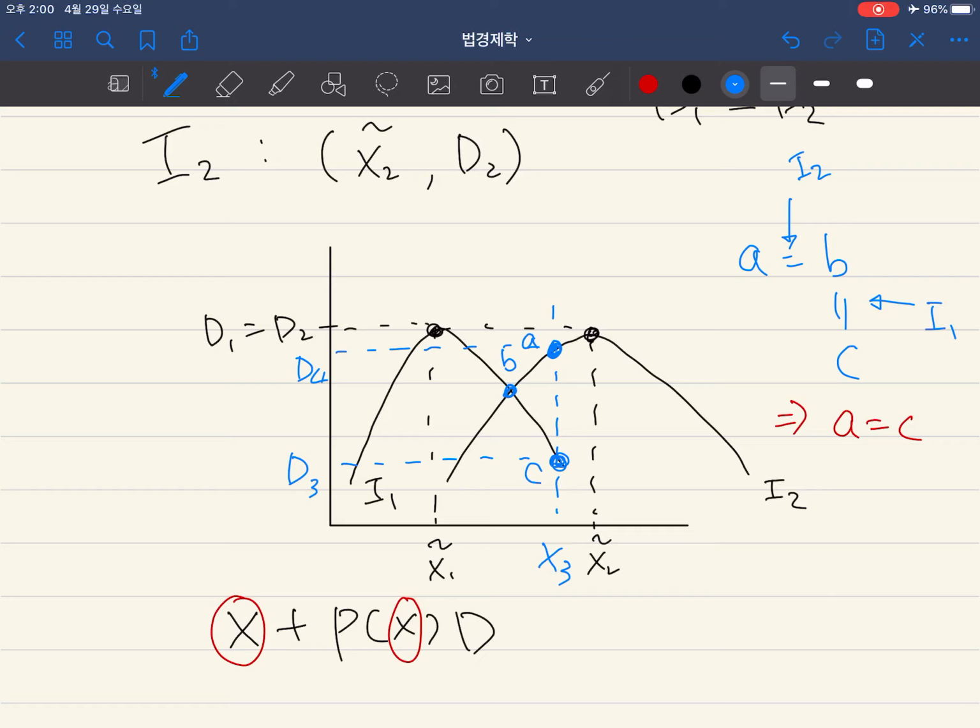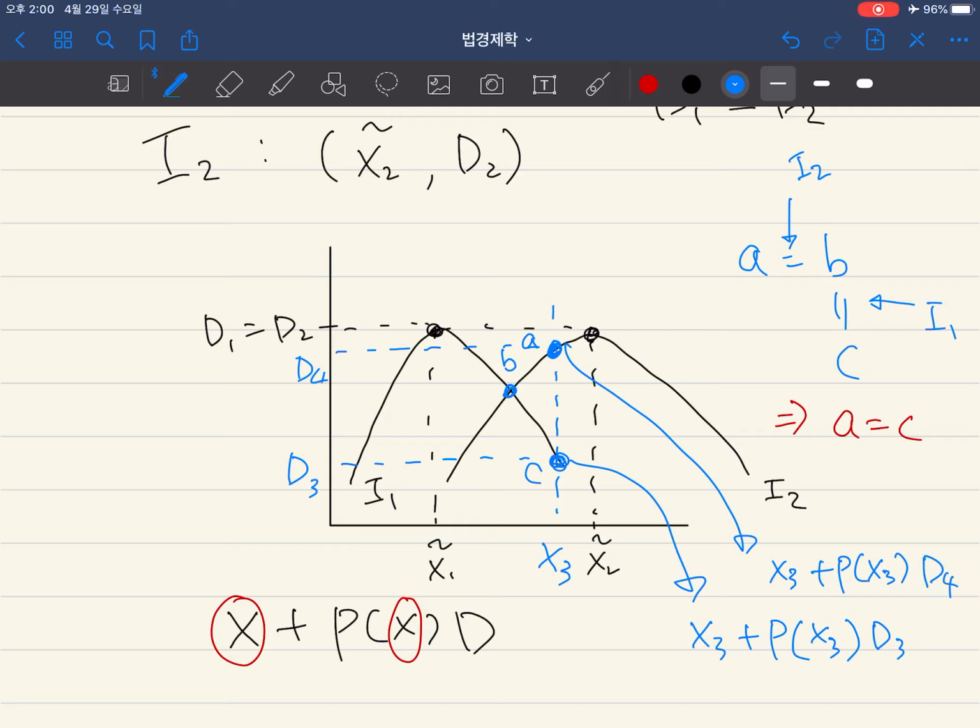So at point C, cost is x3 plus p x3 times d3. At point A, cost is equal to x3 plus p x3 times d4. But as we can see, d4 is bigger than d3, so cost cannot be the same. Cost must be different between A and C. In particular, at point A, we should have higher cost for the injurer.